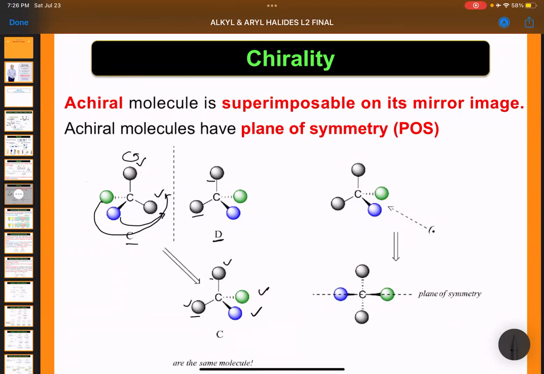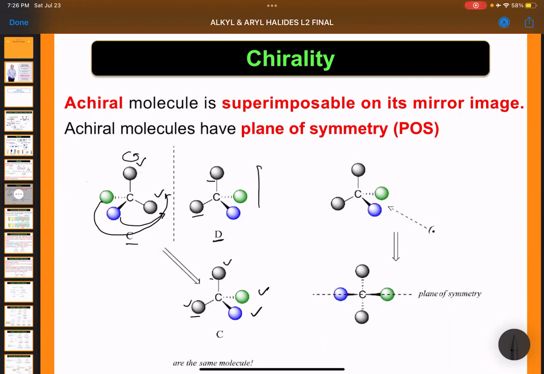Or you can check that they are superimposed. Is that clear? Yes. So they are superimposable, so if there is no chiral carbon in the molecule, you don't have to think of two different molecules. They are the same. Okay, is it clear?